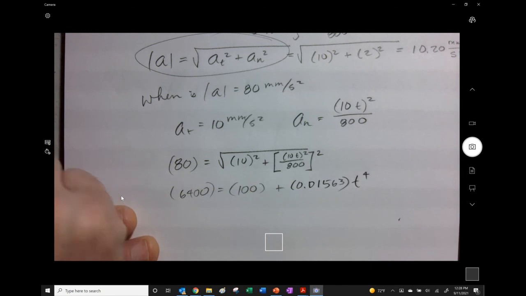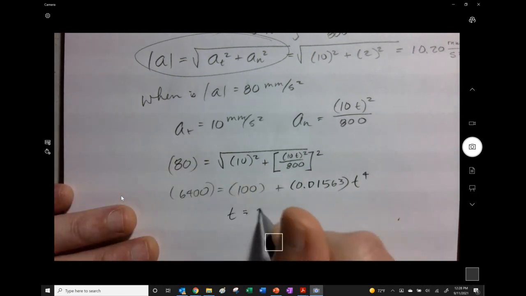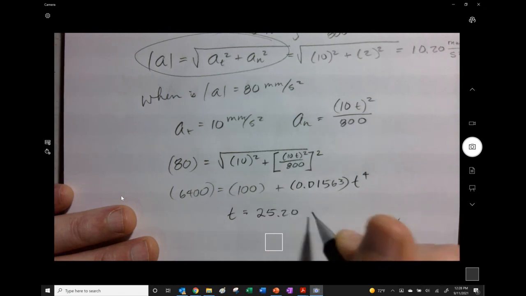Subtract that out, divide that through, and then I've got to take it to the 1/4 power. T is equal to 25.20 seconds.